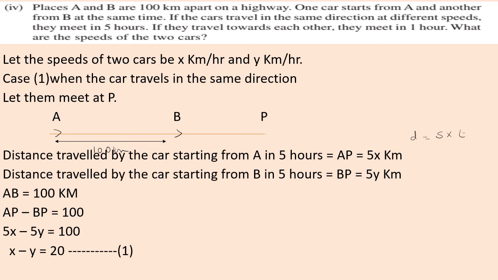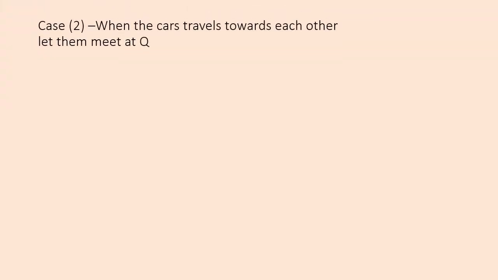Number this as equation 1. In case 2, when the cars travel towards each other, let them meet at Q. You can represent it by a figure: the cars traveling from A and B move towards each other and meet at the point Q. The distance between A and B is 100 km.